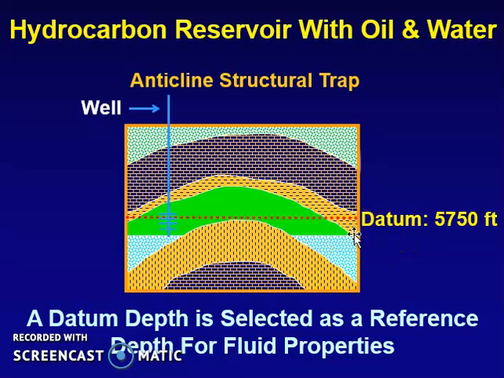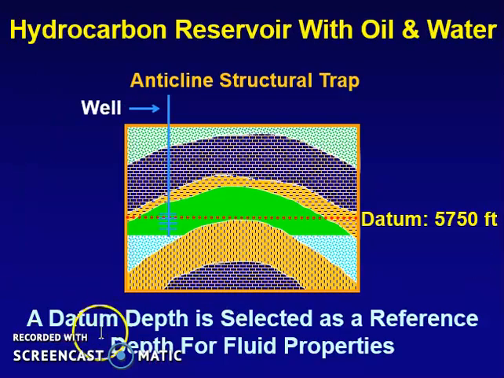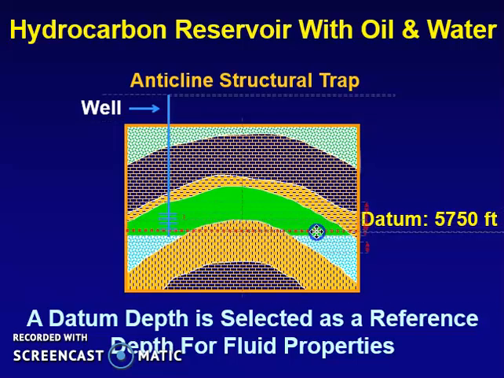Now, if we want to calculate the fluid properties, remember we talked about the pressure temperature diagram. You want to calculate the pressure. How do you calculate the pressure? You have to have a reference depth, which we call the datum. The datum is a depth which is selected as a reference for fluid properties. It is completely arbitrary. It doesn't matter where you select it. I could select it here, I could select it here.